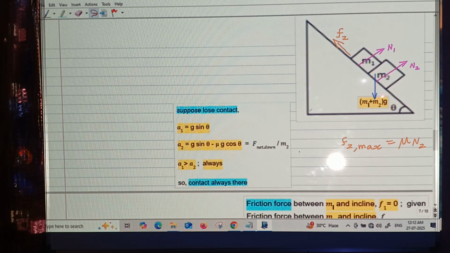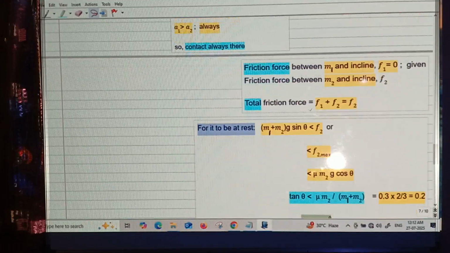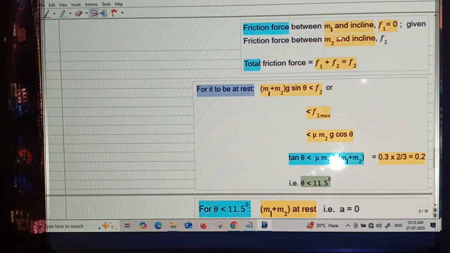So the forces acting on this block are the weight, M1 plus M2 times g, and the normal reaction N1 and N2, and the friction force F2 between block 2 and the inclined plane. F1 is 0. And when the block starts moving, this will be the kinetic friction, which is the maximum value, mu into N2. Friction force between M1 and incline is 0.